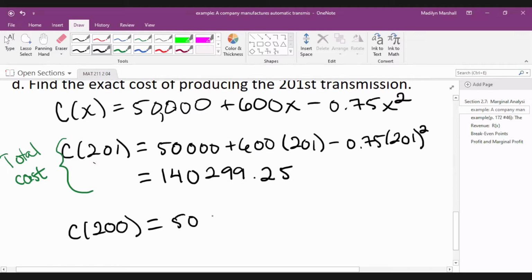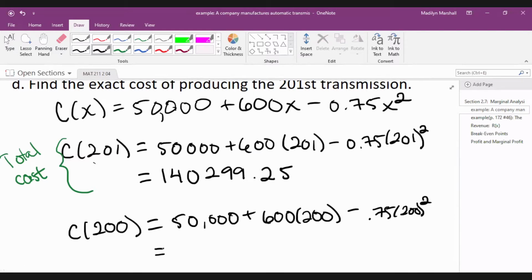So we'll go back through all of this. And we get 140,000.